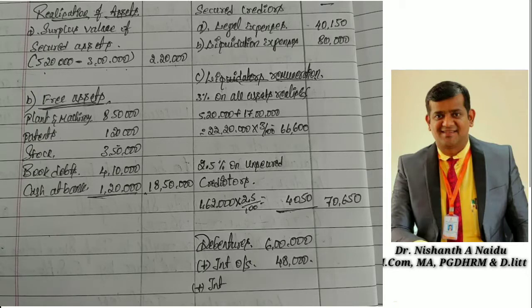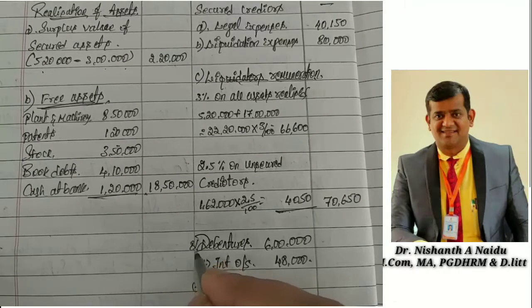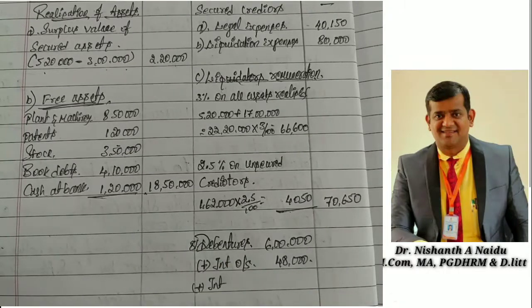So now calculate March to June, that is April, May, June. So 3 months interest has to be paid to the debenture holders. That is 8% debentures, correct? So add interest.